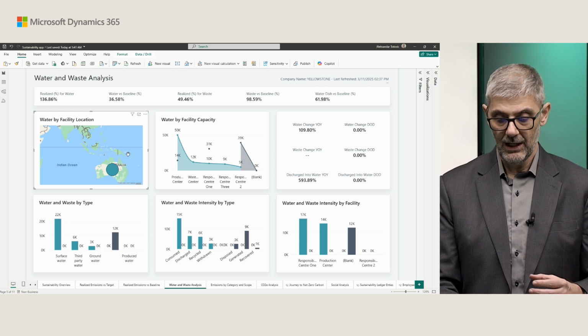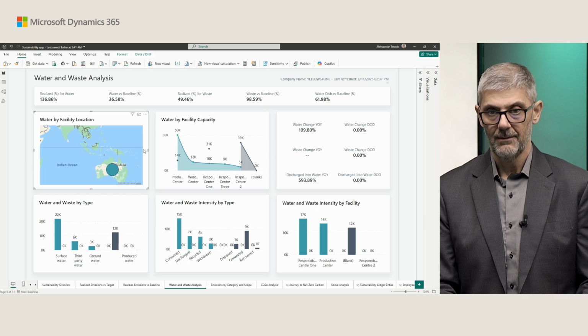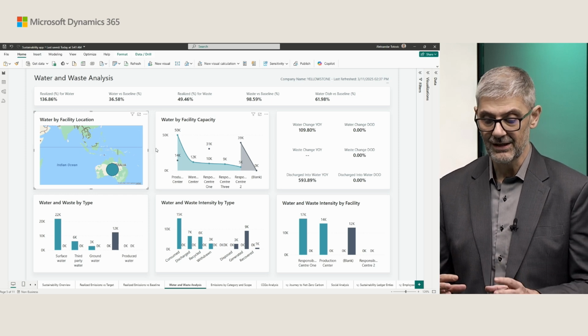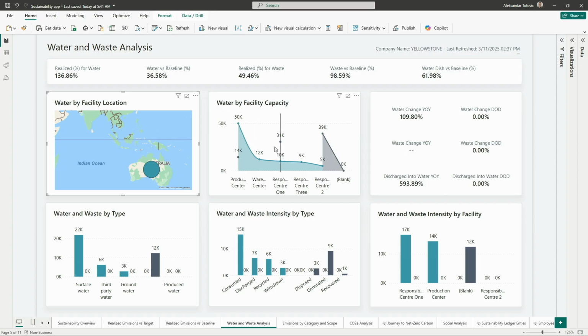Then, if you watched the session about water and waste management, maybe you already noticed that we have a responsibility center as facility operations, so you can track your water intensity against your facility capacities. Then again, you have water change year over year, waste change year over year, water and waste intensity by facility, water and waste intensity by type, all these details here.